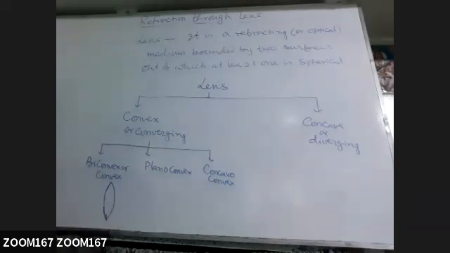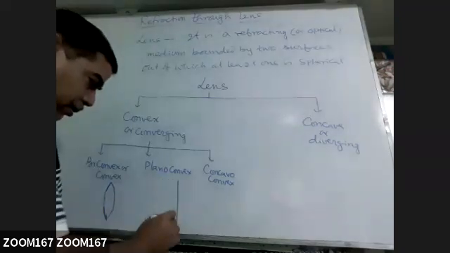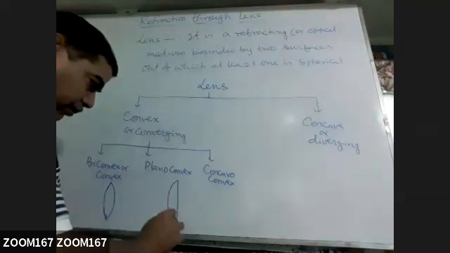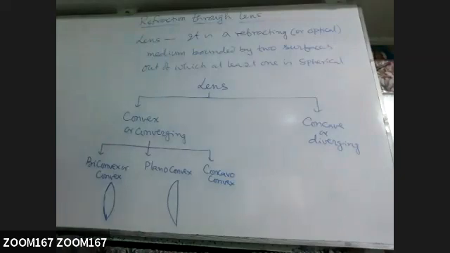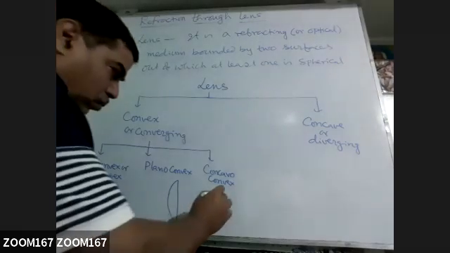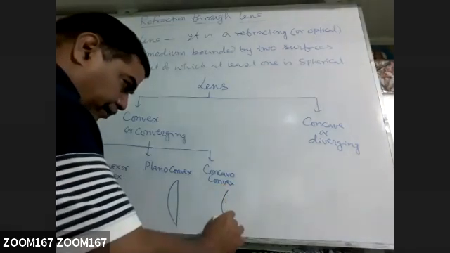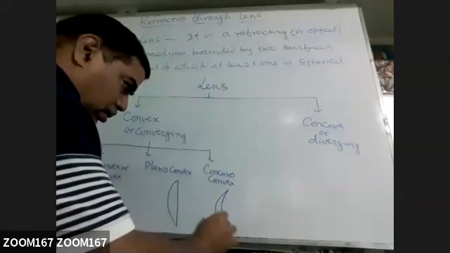Plano-convex. One surface is plane and other is convex surface. Like this. Concavo-convex. One is concave, other is convex.